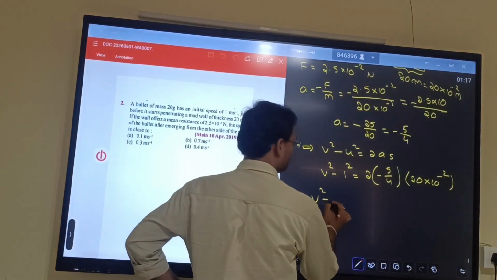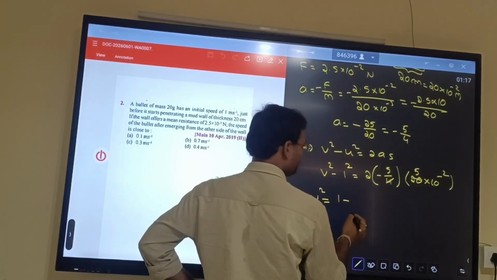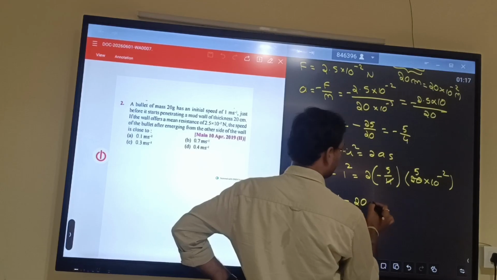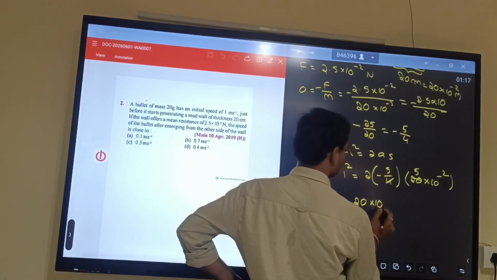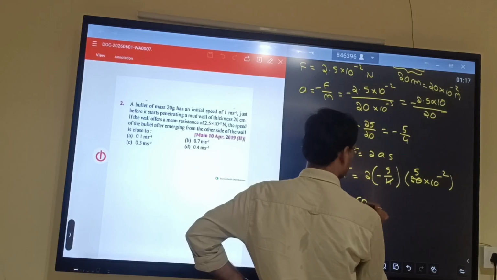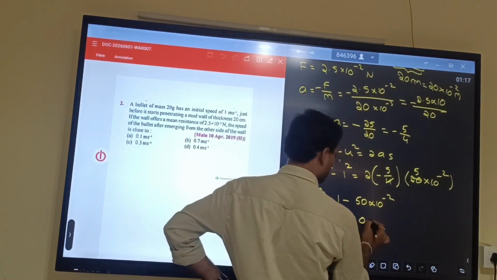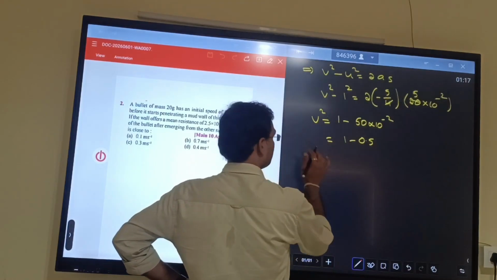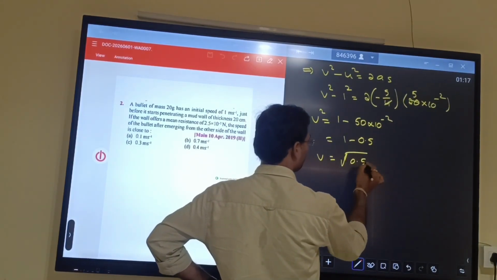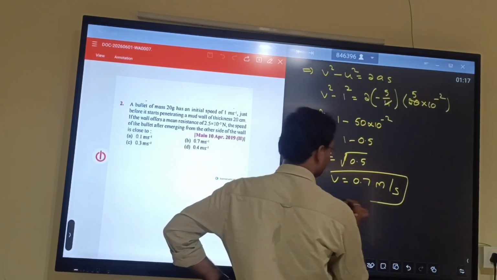Then v square is equal to 1 minus 5 by 4 into... no beta, this is 2 into 5 by 4 into 20 into 10 to the power of minus 2, and this is 1 minus 0.5. Then v is equal to root 0.5. This gives us v approximately 0.7 meter per second.